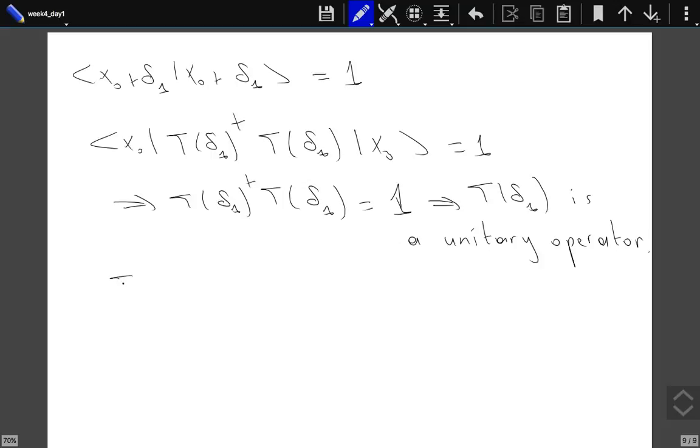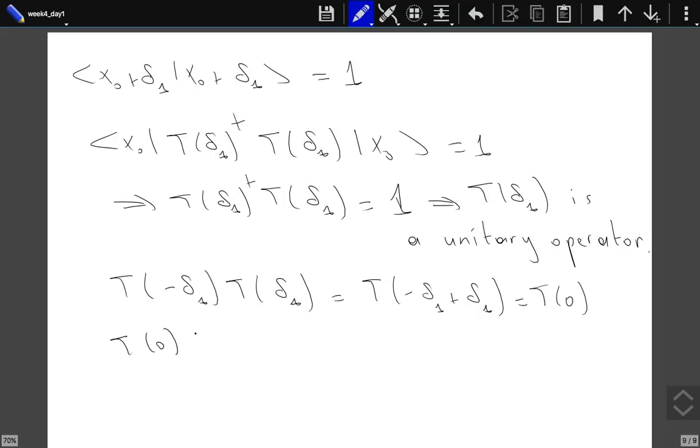Well, what else do we know? T of minus delta 1 T of delta 1 is T of minus delta 1 plus delta 1, T of 0. Well, T of 0 acting on x0 is just x0, no shift for any x0.